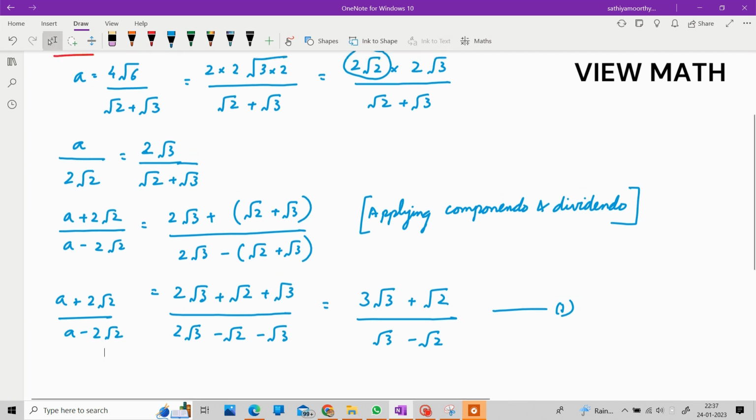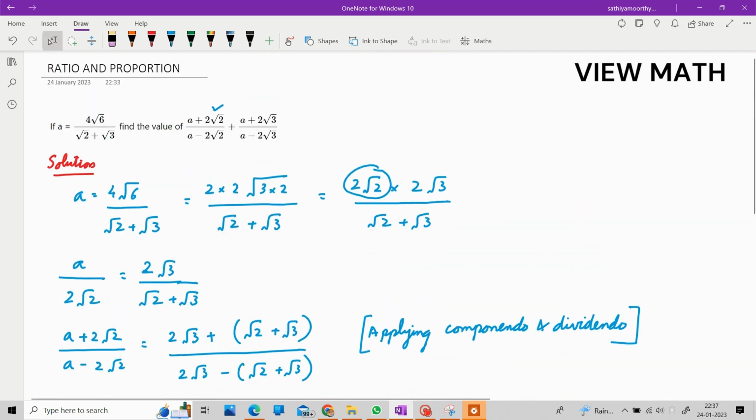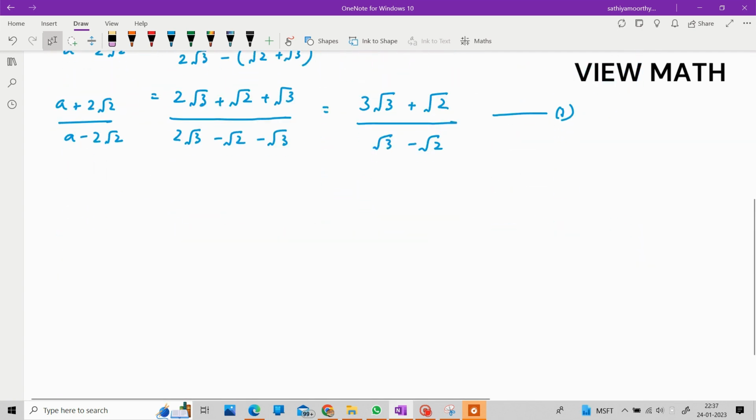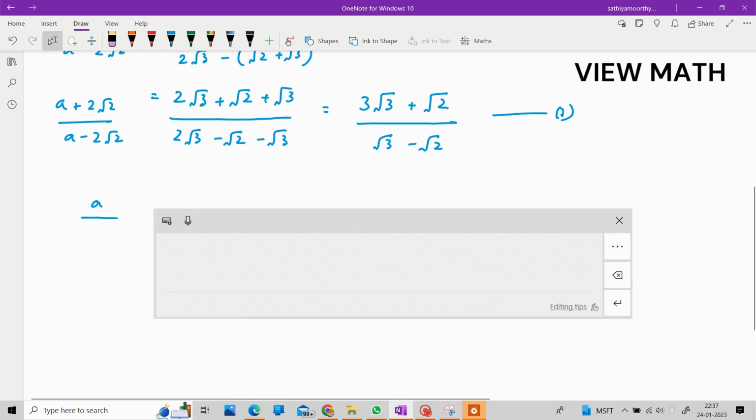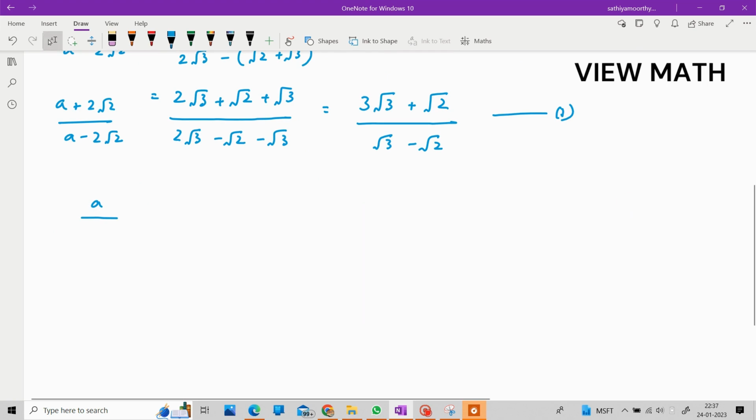Next I have to find out a plus 2 root 3 by a minus 2 root 3. So I am going to bring the 2 root 3 term to the left hand side now. Remaining I am going to keep it on the right hand side itself. So I get a by 2 root 3 is equal to 2 root 2 by root 2 plus root 3.